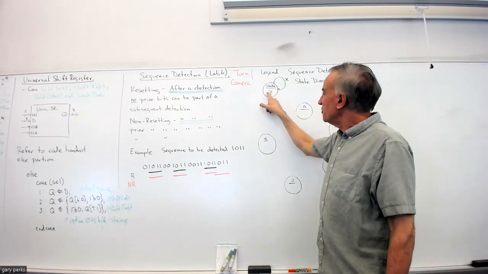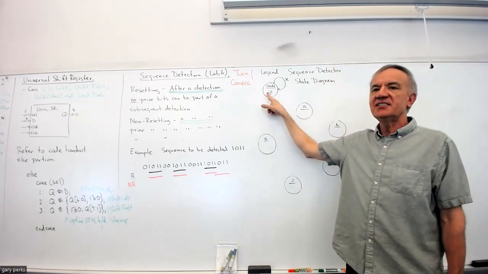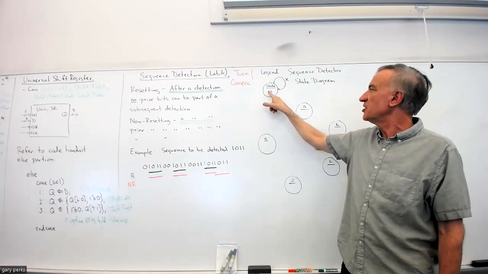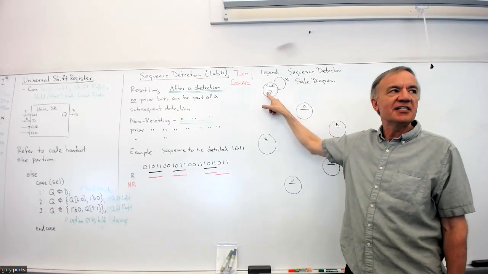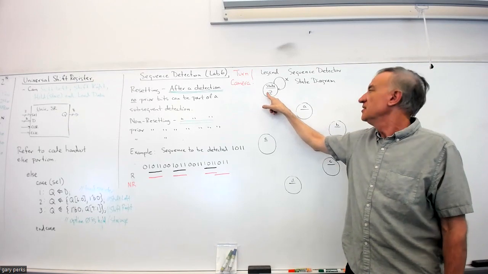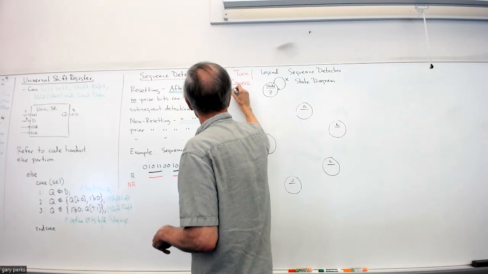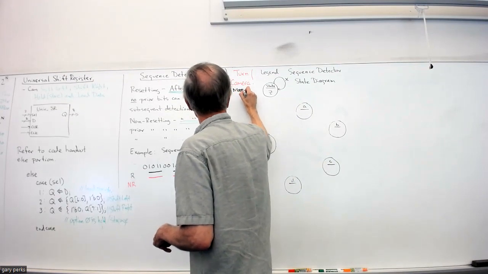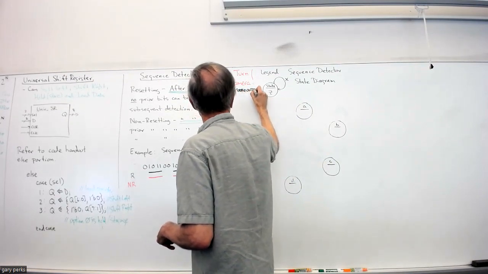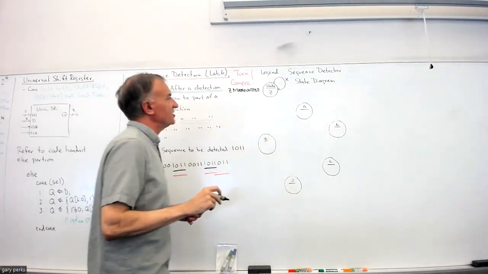What goes here? Like Z, what is Z? What always goes inside the circle in this place? Right, Z is a Moore output, exactly. It only depends on the state.